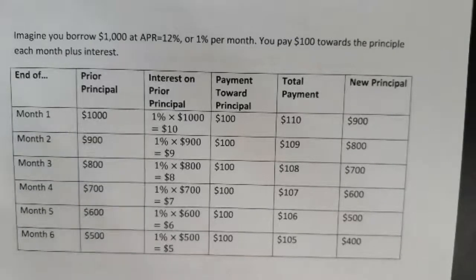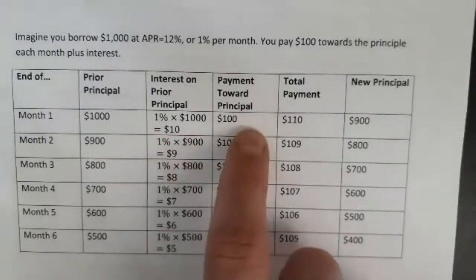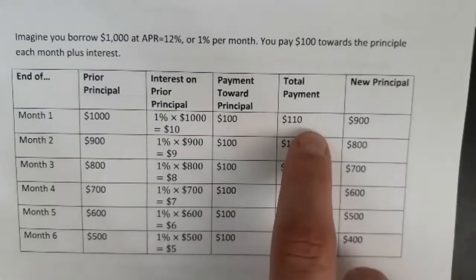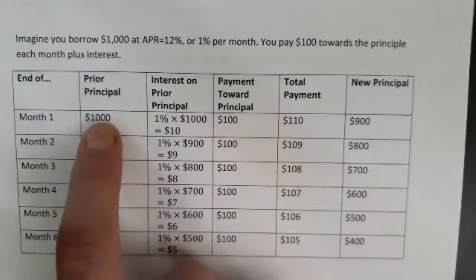Month one, we have a principal of $1,000. When we make our payment, our interest on this is going to be 1% of $1,000 or $10. We're going to make a $100 payment towards the principal. So we're paying $110, but we've only knocked $100 off of this thing.